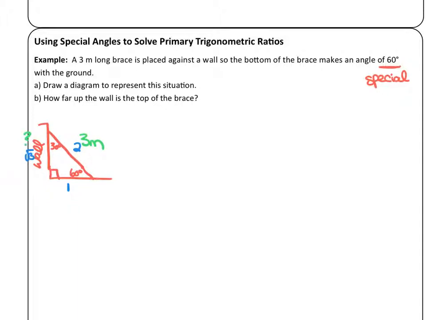Okay, so let's set it up. We're looking for the wall side of our 60 degree. That is our opposite. And we know that we have our hypotenuse, and we need our opposite.